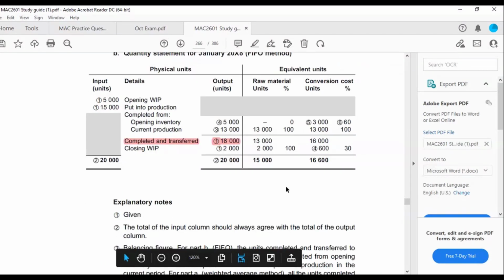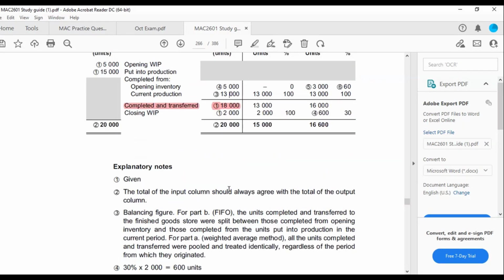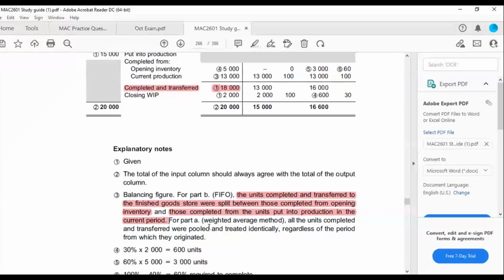So let's see, what do they mean by that? Remember the current production, they said that it will be a balancing figure. The units completed and transferred to finished goods store were split between what was completed from opening inventory and those that were completed under this production period.